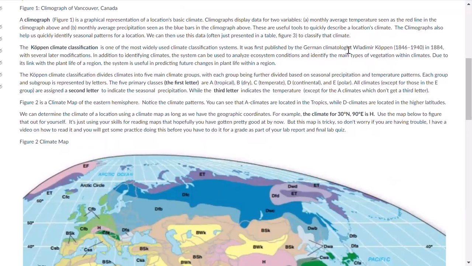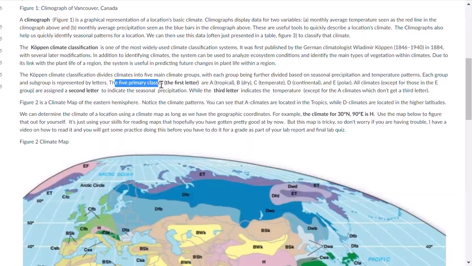And again, it's good to know who came up with it and since when it's been used. But really what this is going to do, it divides climate into 5 major groups. And that is going to be divided based off of, again, that precipitation as well as temperature patterns. And each group is subdivided and represented by various letters.